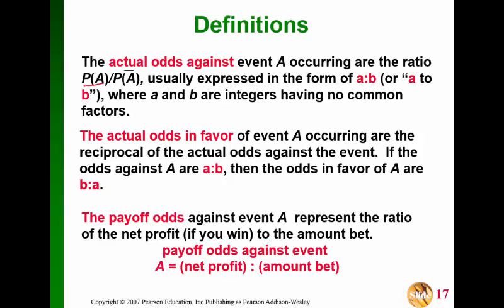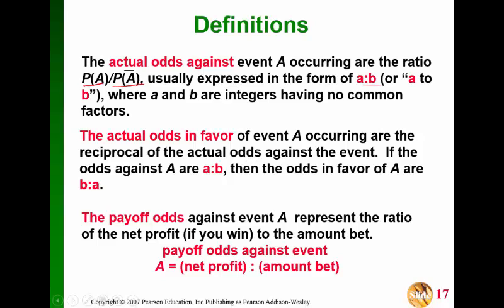And here they say it's the probability of an event A happening divided by the probability of an event A not happening. That's kind of complicated. And usually expressed in the form A to B. So let's see what all this stuff means.